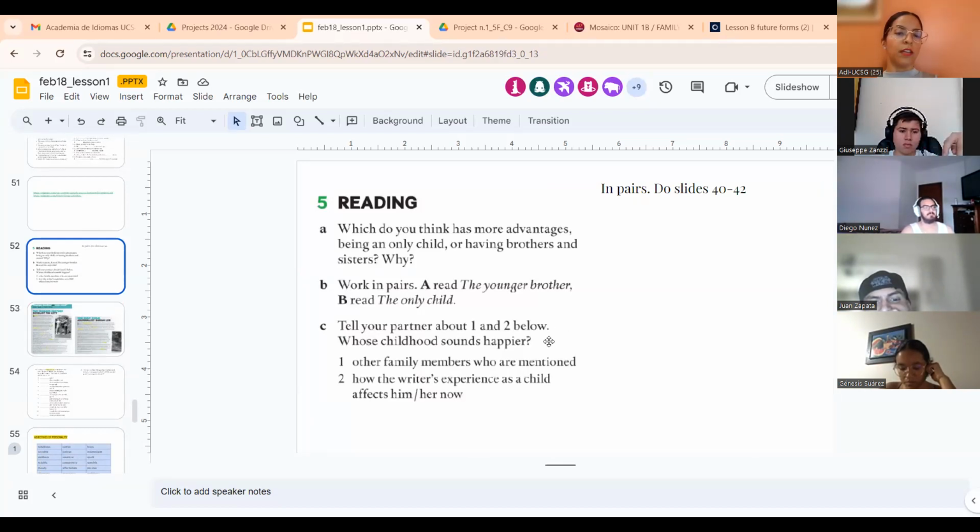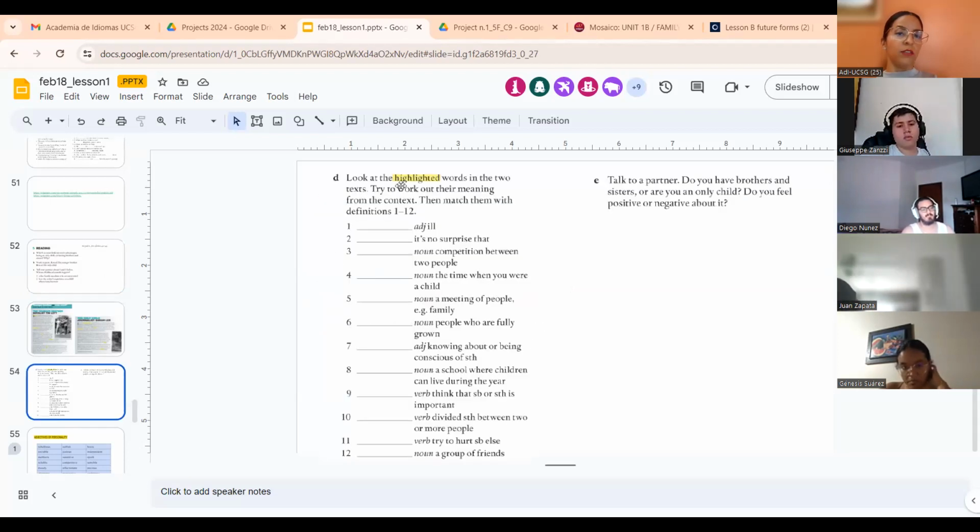Whose childhood sounds happier? 1, other family members were mentioned. 2, how the writer's experience as a child affects him or her now. You do the reading together, you answer the questions, and then you're going to look for the part of speech these words can have. Look at the highlighted words in the 2 texts.